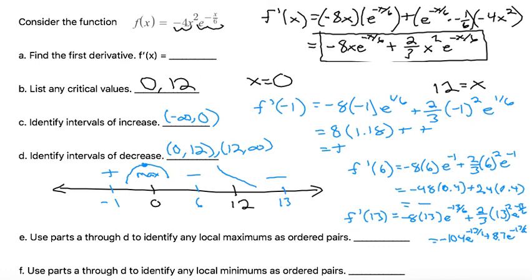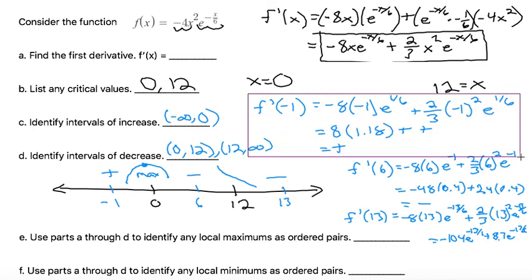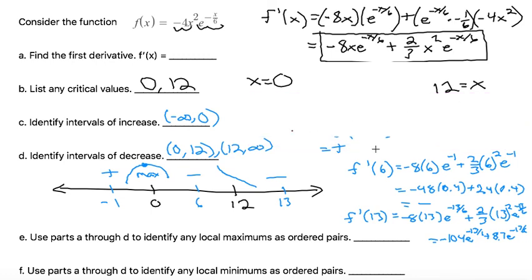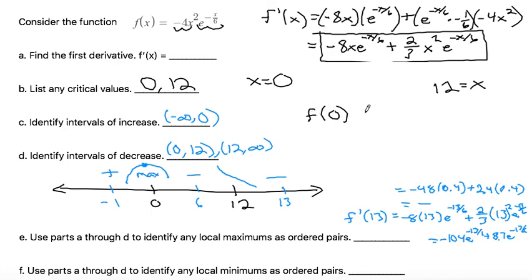So let's plug in 0 into our original function to find what that y coordinate would be. Let me just give myself a little space. If we find f of 0, notice that we have an x in both terms, so both terms would go to 0.